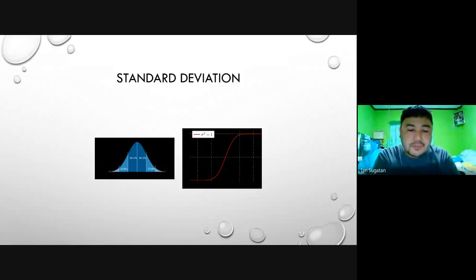This refers to how much of that value is close to the mean, meaning we have the expected value for the output of the set. For example, if your mean is 25, your standard deviation is not identical but almost your mean. So if it's 25, it might be 24 point something or higher, but it's close to 25.